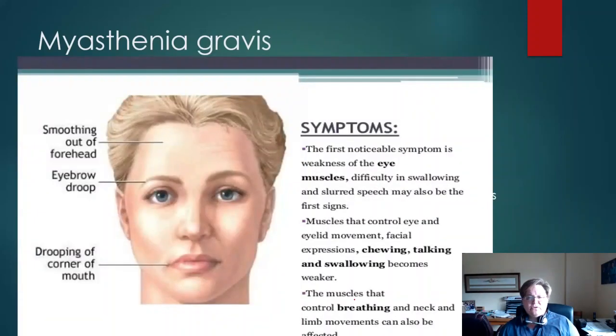So the first noticeable symptom for myasthenia gravis is a weakness of the eye, and it's typically on one side. Speech might be impacted as well. Our patient may have trouble chewing, talking, and swallowing, and eventually the muscles that control breathing, neck and limb movements, or your arms and legs, can also be affected.